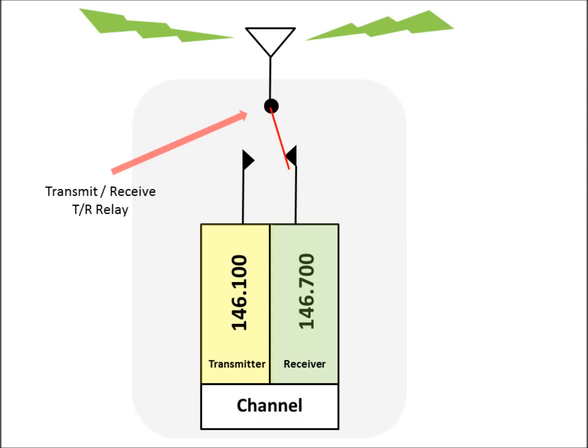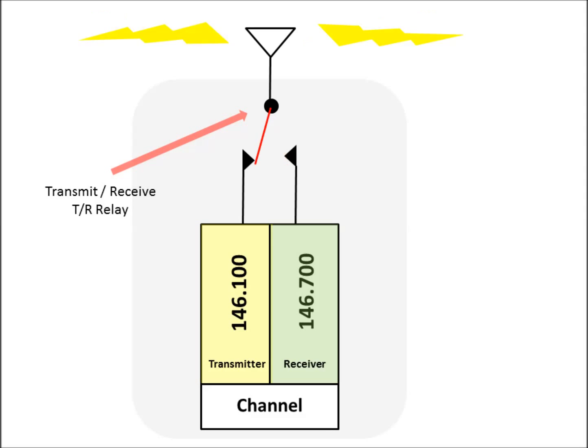And you'll notice above this block is a little relay, the transmit/receive or TR relay, and that switches signaling between the transmitter and the receiver. So in a normal default condition, when you turn your radio on and you're not transmitting, that relay in default is set to the receive side of the radio, and the green lightning bolts represent radio energy coming into the antenna, down through the circuitry, and getting routed over to the receiver so you can hear it on your speaker.